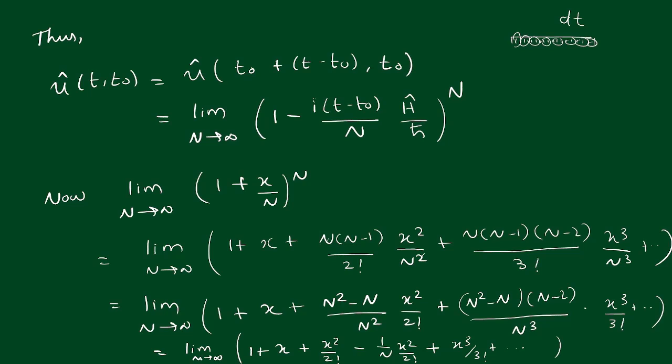Okay, now if you take the limit n tends to infinity, the terms with n in the denominator will vanish. Is that correct? Here we get only one term, and in all the rest n is in the denominator. Only in the n cube term do we get x cube by 3 factorial; in all the others n is in the denominator. Here we get x square by 2 factorial, and all the rest have n in the denominator, 1 by n. So when you take n tends to infinity, these terms will vanish.